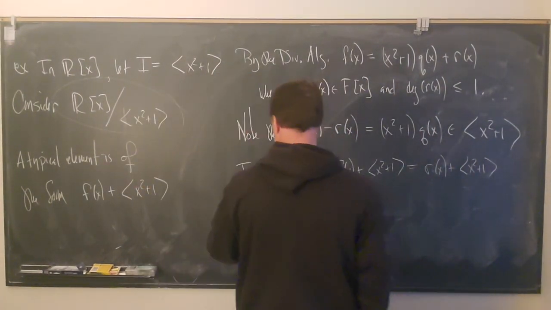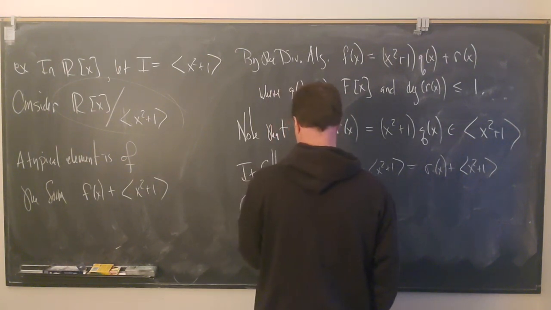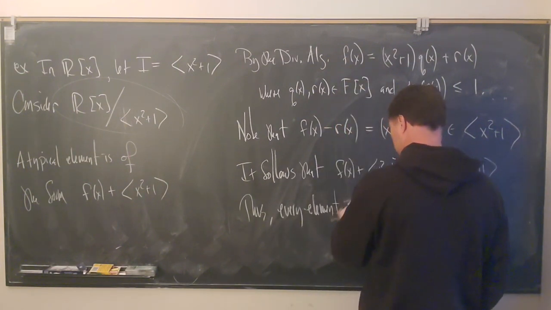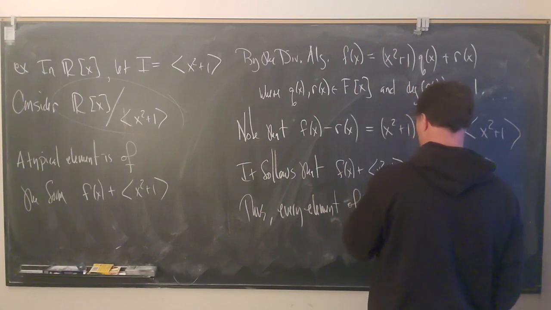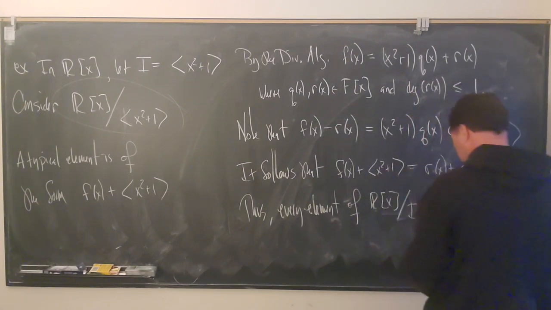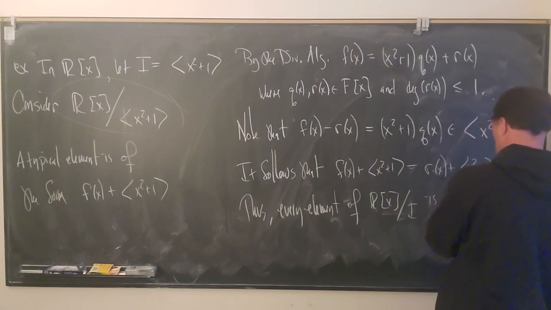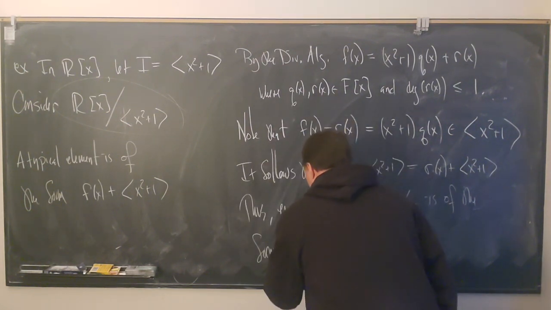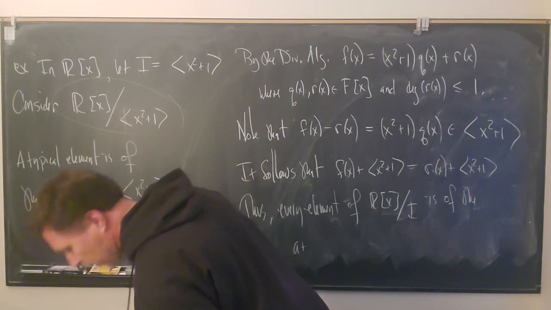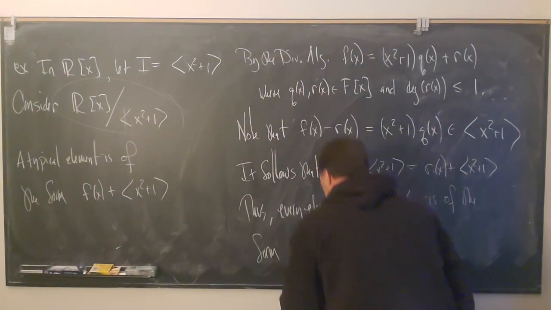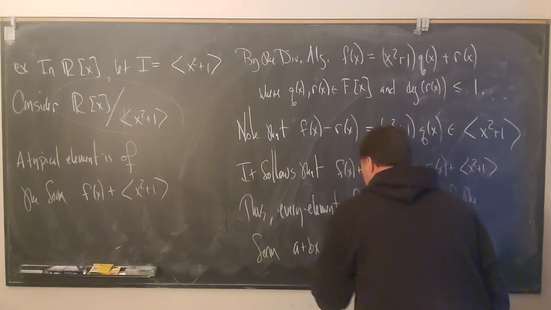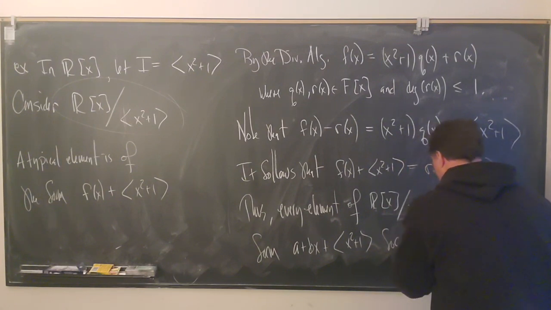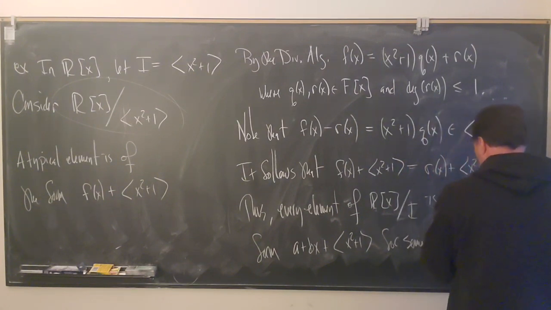So we can say thus, every element of the quotient R bracket x mod I is of the form a plus bx plus the ideal generated by x squared plus 1 for some a and b in R.